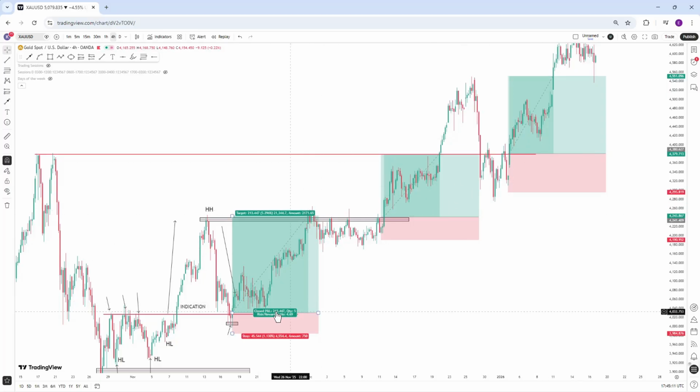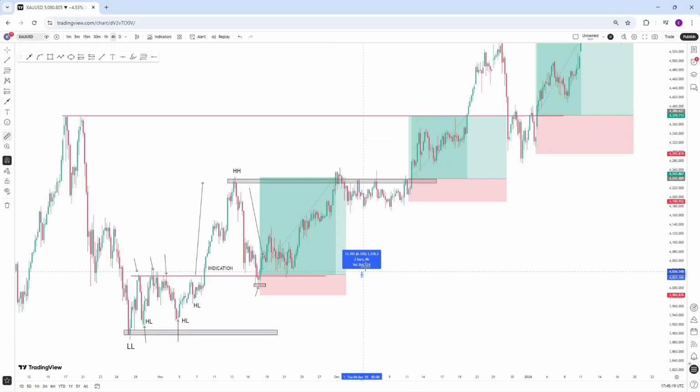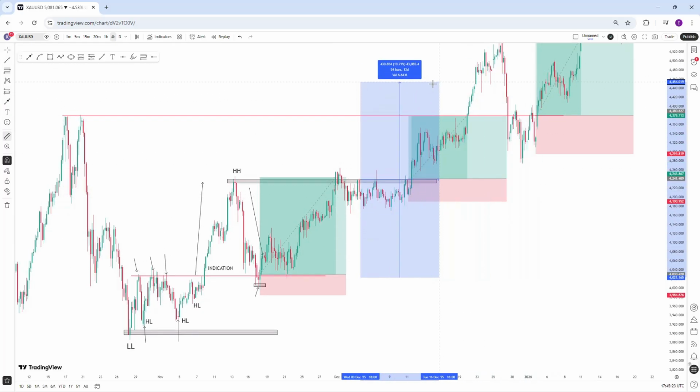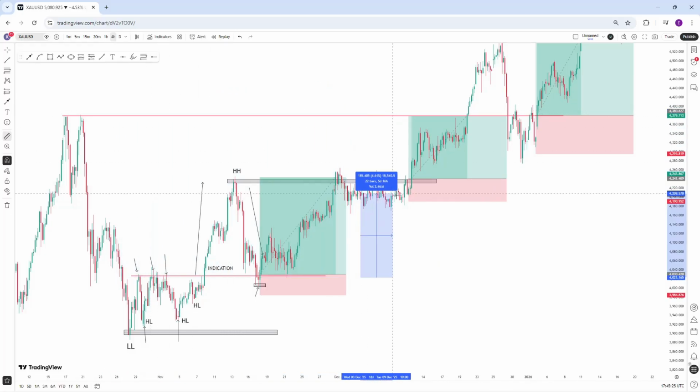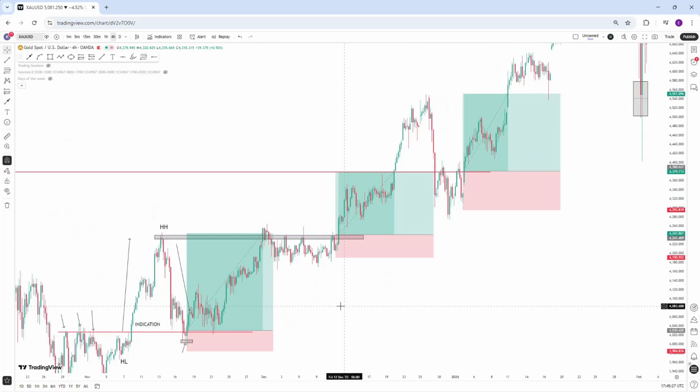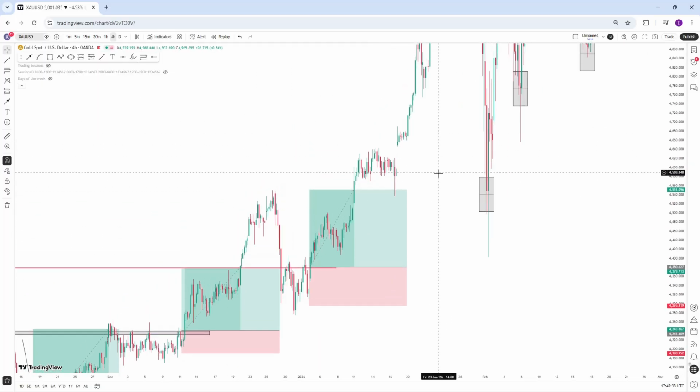You'll be taking partials all the way, taking partials when the market makes a new high. You see the market also broke this high. You have another trade opportunity here, you buy again.